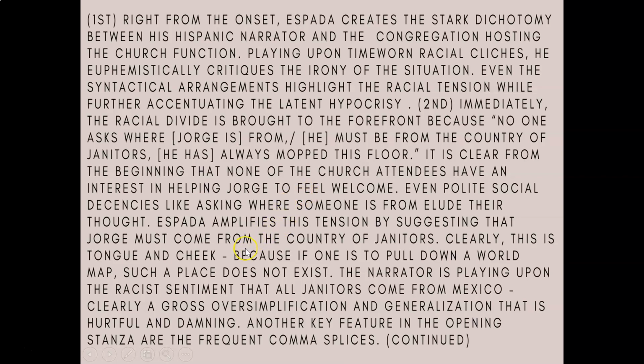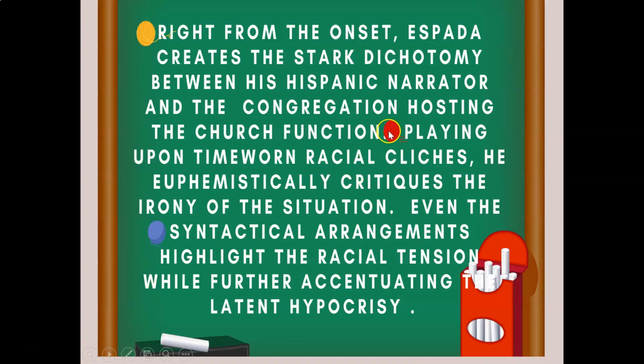Clearly, this is tongue-in-cheek because if one is to pull down a world map, such a place does not exist. So why are we quoting that phrase, that little thing from the poem, country of janitors? Why are we doing it here? Red to red. The second thing you mentioned in the first premise is the time-worn racial cliches, the euphemisms, and the irony. So that red gets connected second.